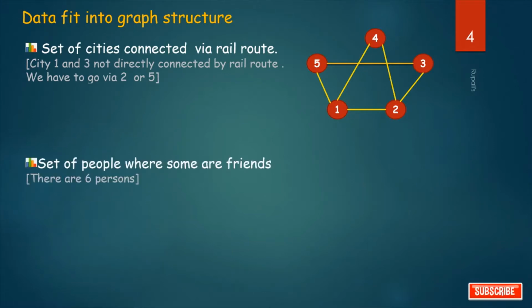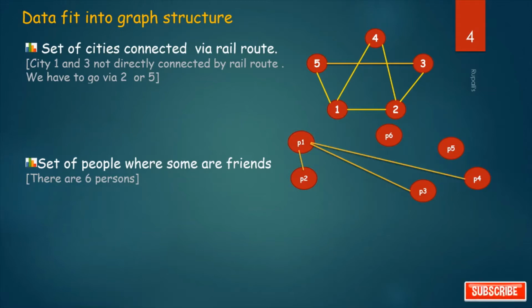Take another example. Set of people where some are friends. Each node is a structure and contains information like person ID, name, gender, etc. So, see, friends of person 1 are P2, P3 and P4. Friends of person 2 are P6, P4 and P5.